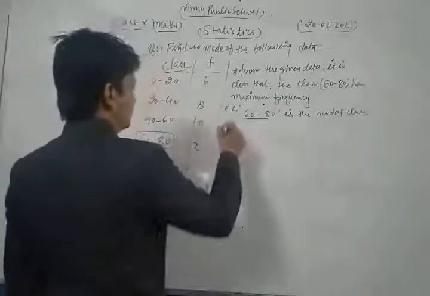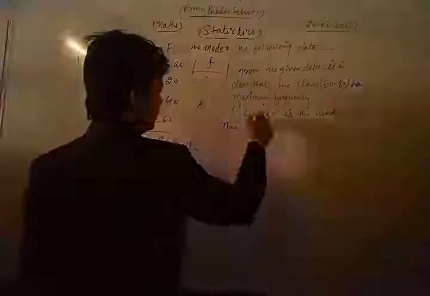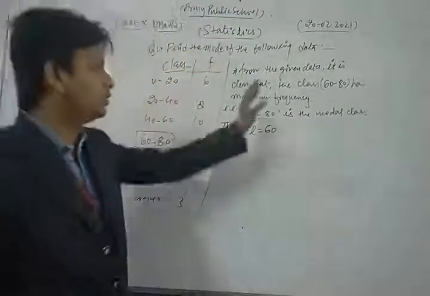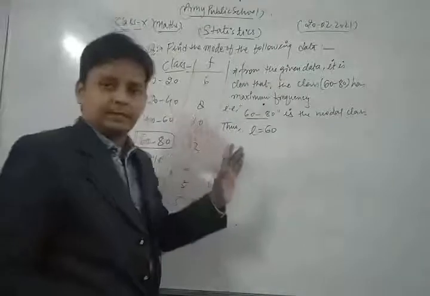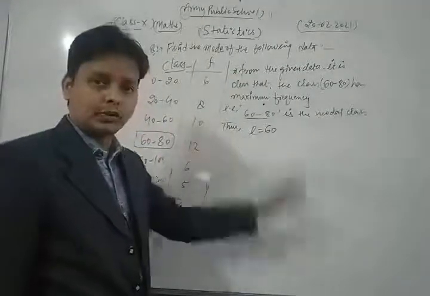So now L, the lower limit of the modal class, is 60. Okay, dear friends, to find the mode of the given data, first of all we write all the information related to that data.